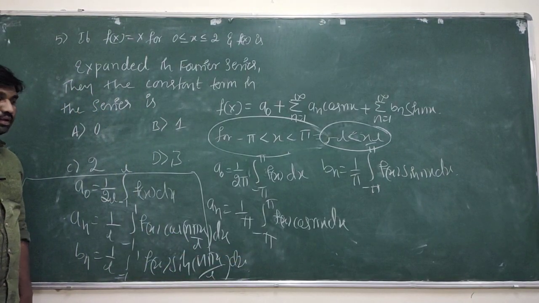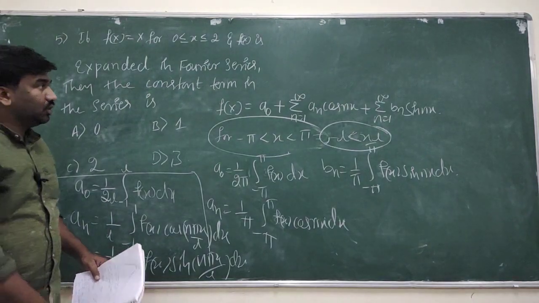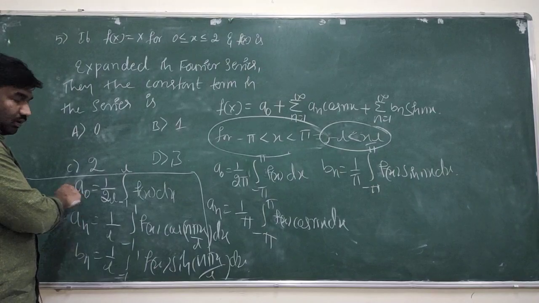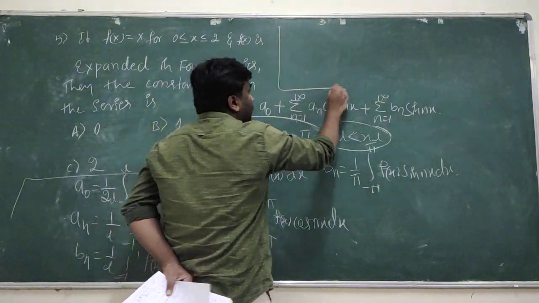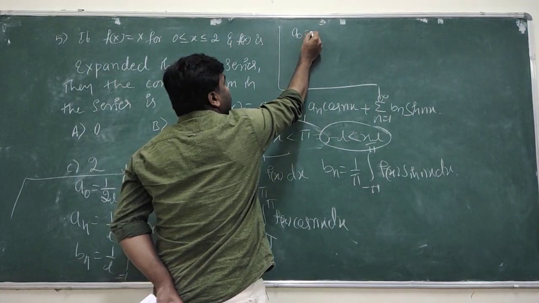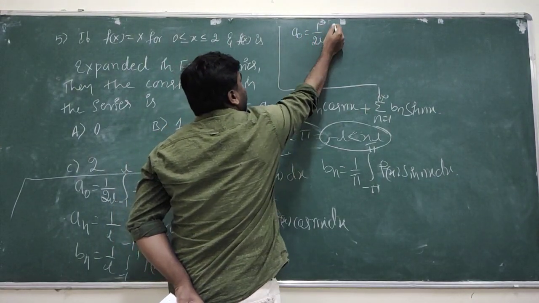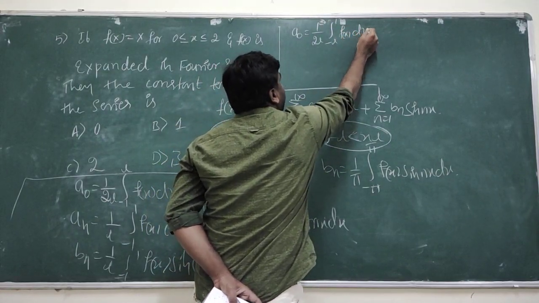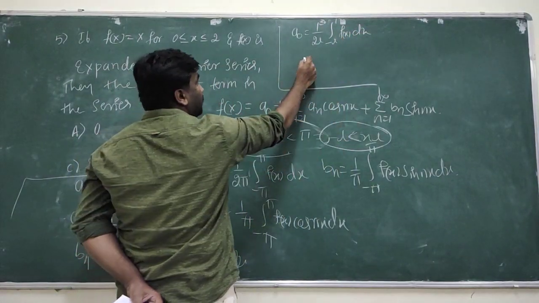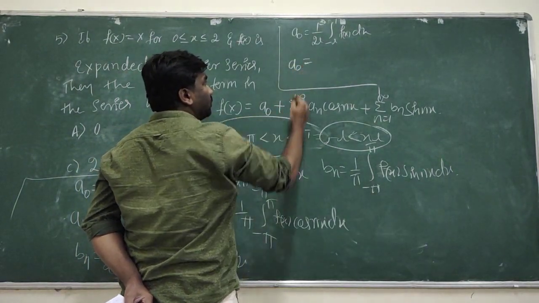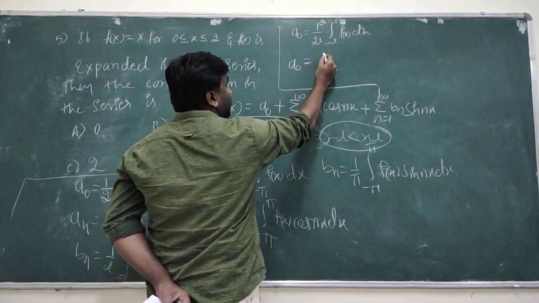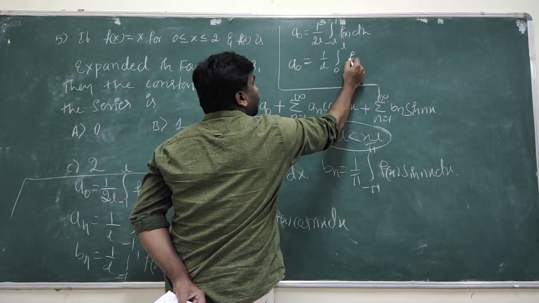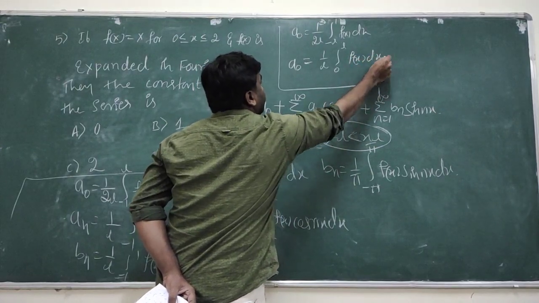Okay, but here we have to calculate a0, and we can write this a0 is equal to 1 by 2L into minus L to L f of x dx, right, which you can also write as 1 by L into 0 to L f of x dx.